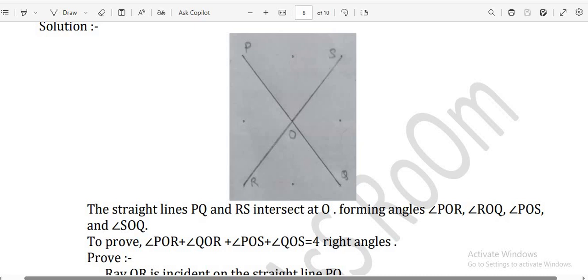To prove angle POR plus angle QOR plus angle POS plus angle QOS is equal to 4 right angles or 360 degrees.